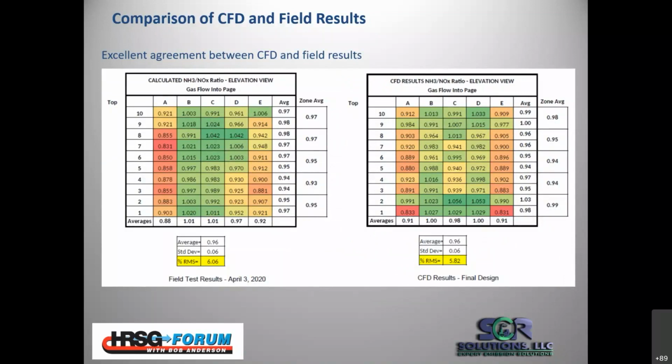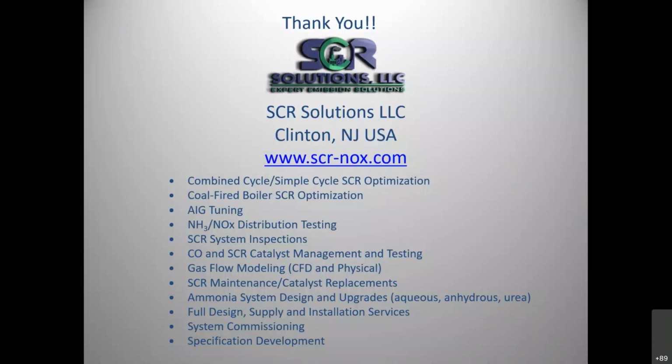Although the distributions aren't identical, the overall values in terms of distribution were in really great agreement, both sitting around 6%, which was exactly what we were trying to achieve. So that's the conclusion of my presentation.